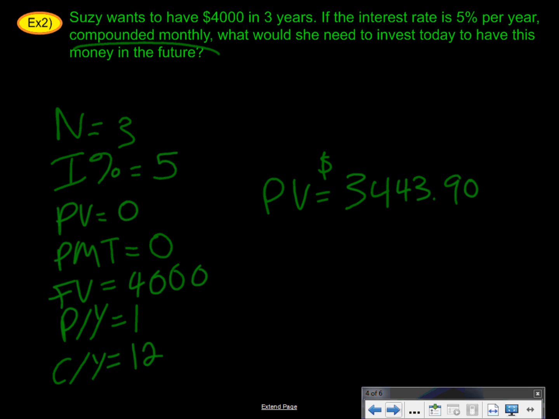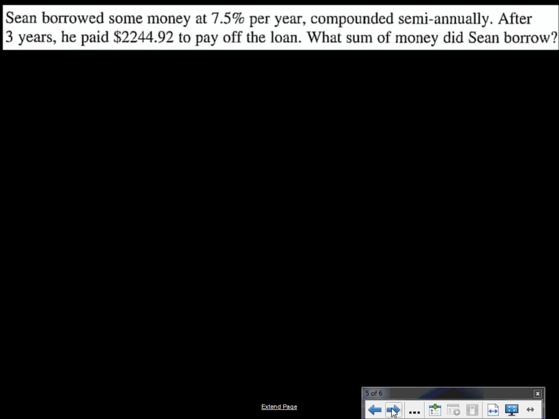Good. Is this one in here? No? Okay. Sean borrows money at 7.5% per year compounded semi-annually. After 3 years, he paid $2,244.92 to pay off the loan. What sum of money did he borrow? Again, this is how much in the end, so this is going to be your future value, and we're still doing what we just did.